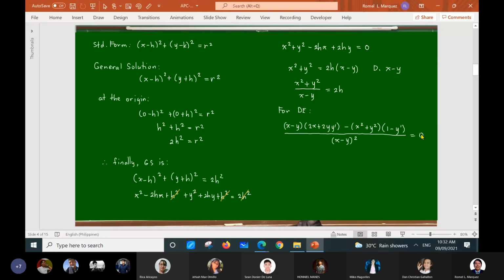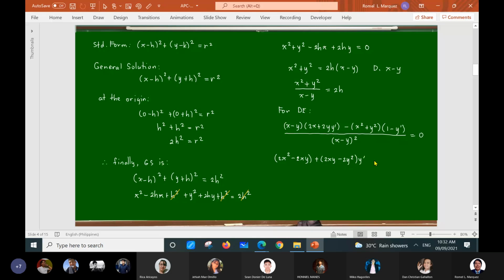Yes po, sir. We multiply each side by x minus y quantity squared. And then at the same time, let's distribute. We have 2x squared minus 2xy, and then plus this one, 2xy minus 2y squared y prime outside this.